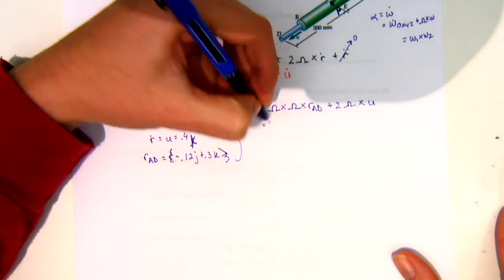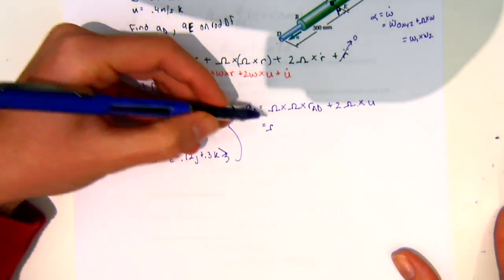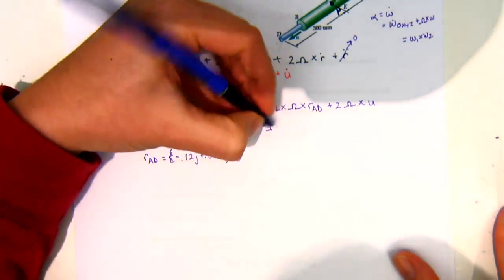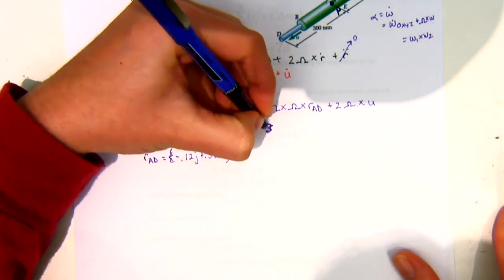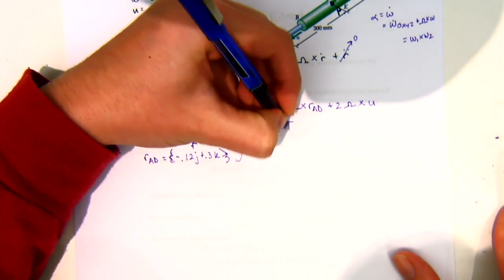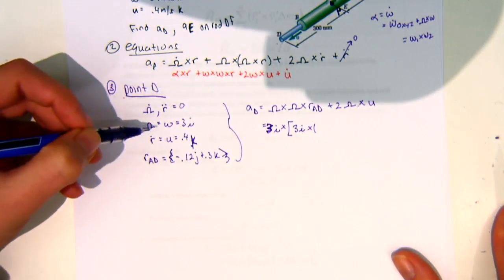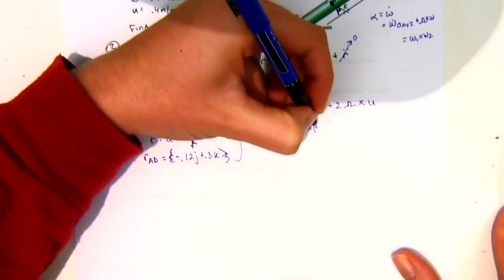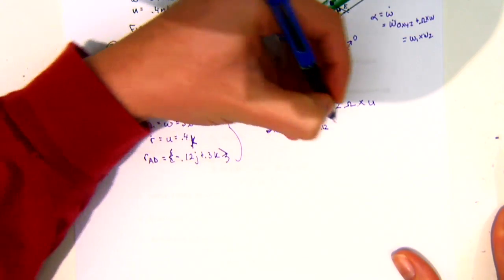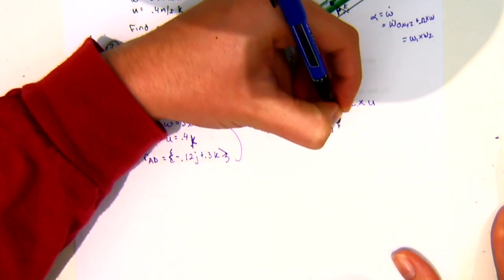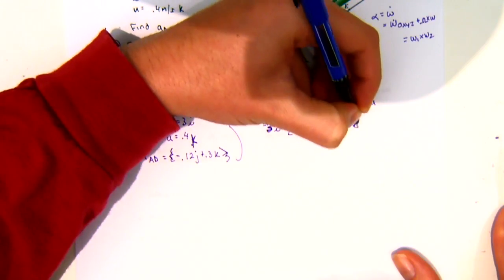So plugging stuff in, that omega is 3I, and that's crossed with 3I, and then our R_AD was negative 0.12J plus 0.3K.